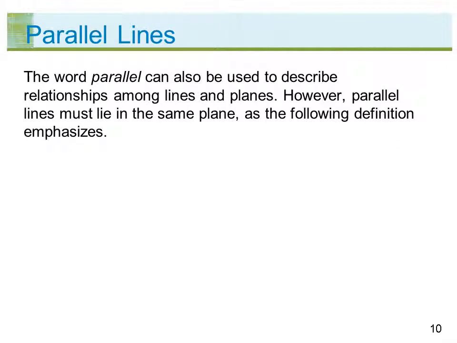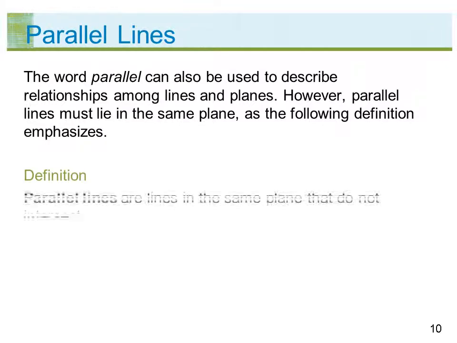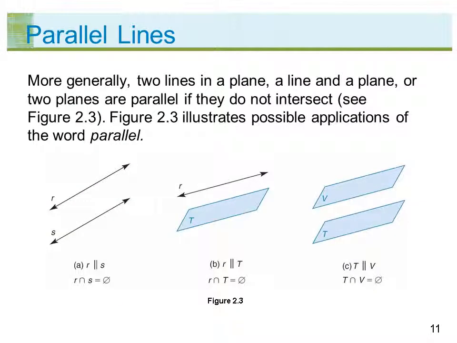The word parallel can also be used to describe relationships among lines and planes. However, parallel lines must lie in the same plane, as the following definition emphasizes. Definition: parallel lines are lines in the same plane that do not intersect. More generally, two lines in a plane, a line and a plane, or two planes are parallel if they do not intersect.